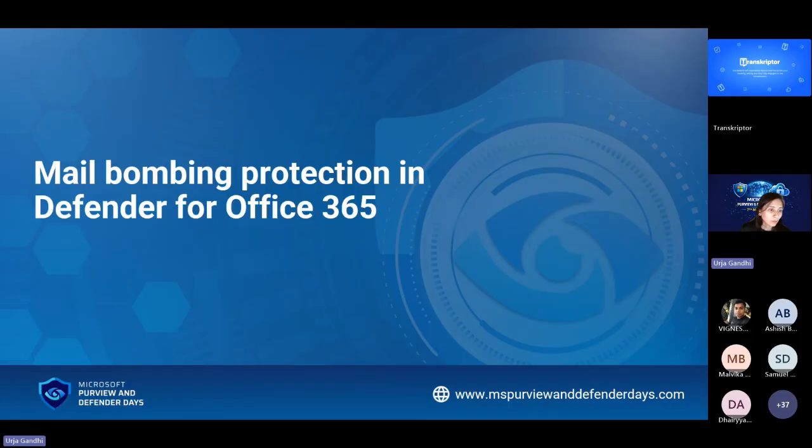Hopefully that gives you an idea of how complex this attack pattern can be. We have seen this in what we call the Storm 1811 and Storm 1674 attack chains. These are just names we give from Microsoft's point of view when we see these attacks.